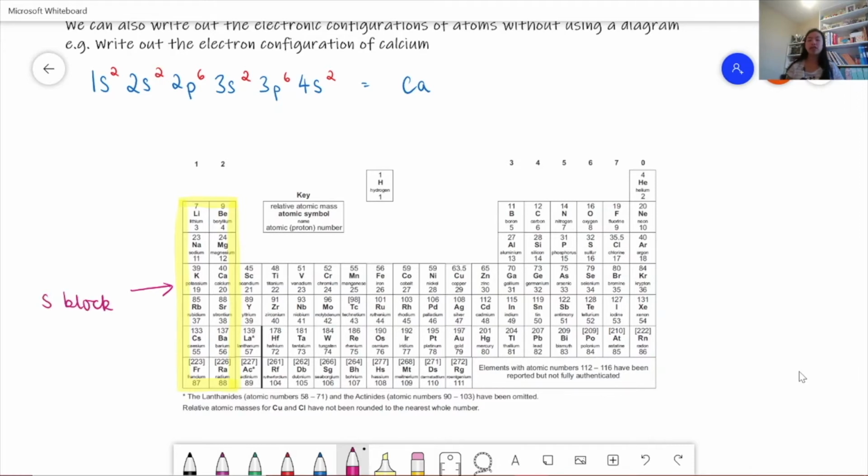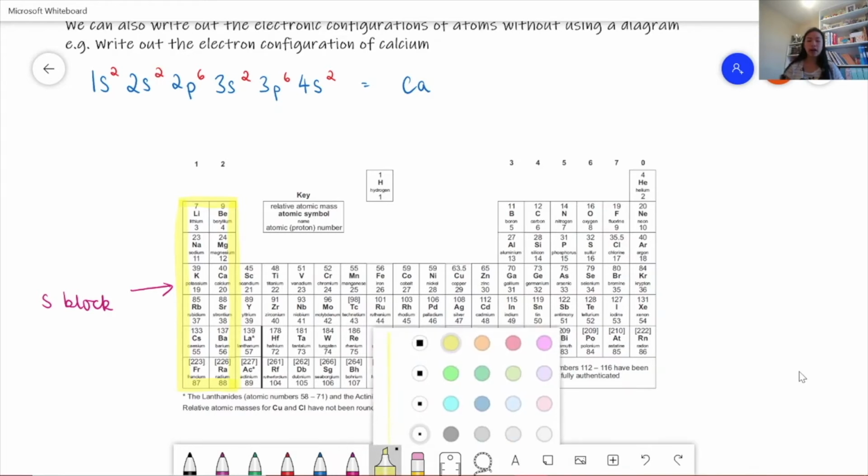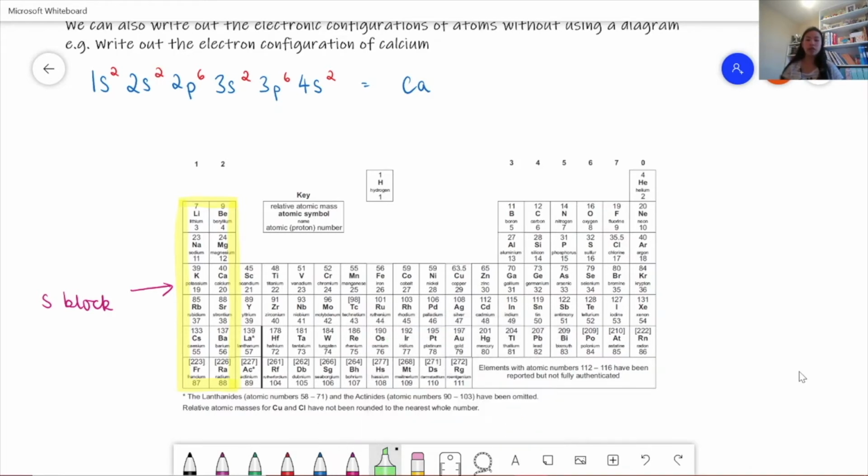And what that means is just that the outer electrons are in an s orbital. And then we have the block in the middle, which is all the transition metals.